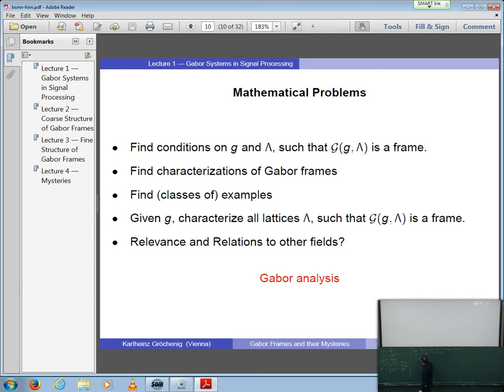One, the Gabor system, so the set of all time frequency shifts along the lattice Lambda, is a frame. Two, the Gabor system belonging to the adjoint lattice is a Riesz sequence.